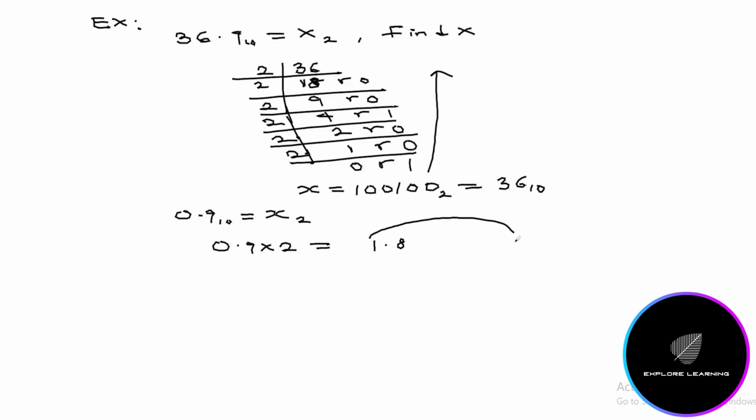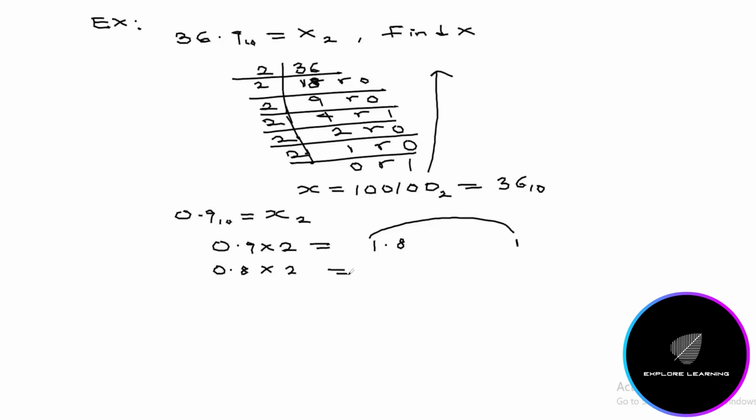That is 1. Now, to determine the value we need to use for the next round of multiplication, we need to say 1.8 minus 1. 1.8 minus 1 is going to give us 0.8. So we say 0.8 multiplied by 2.